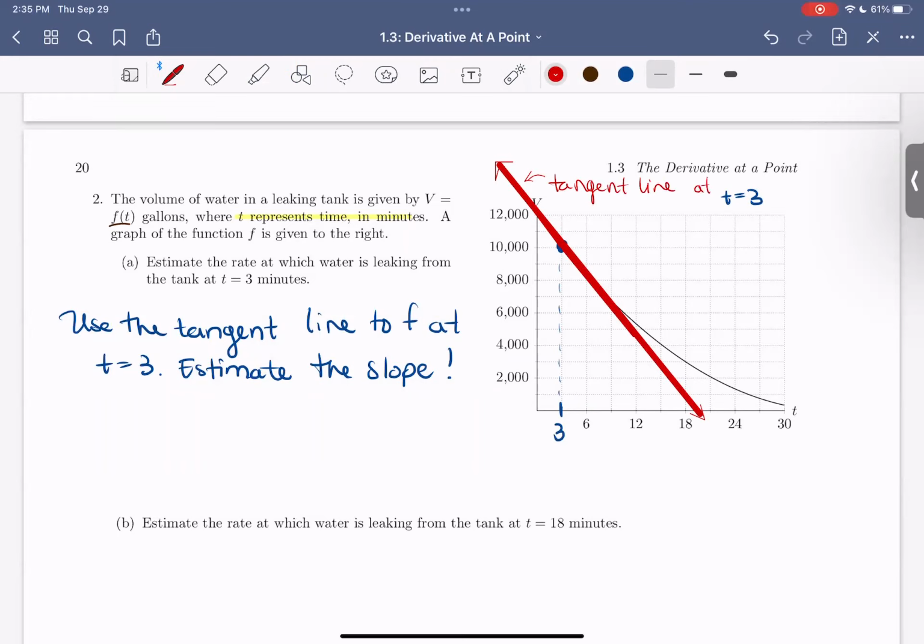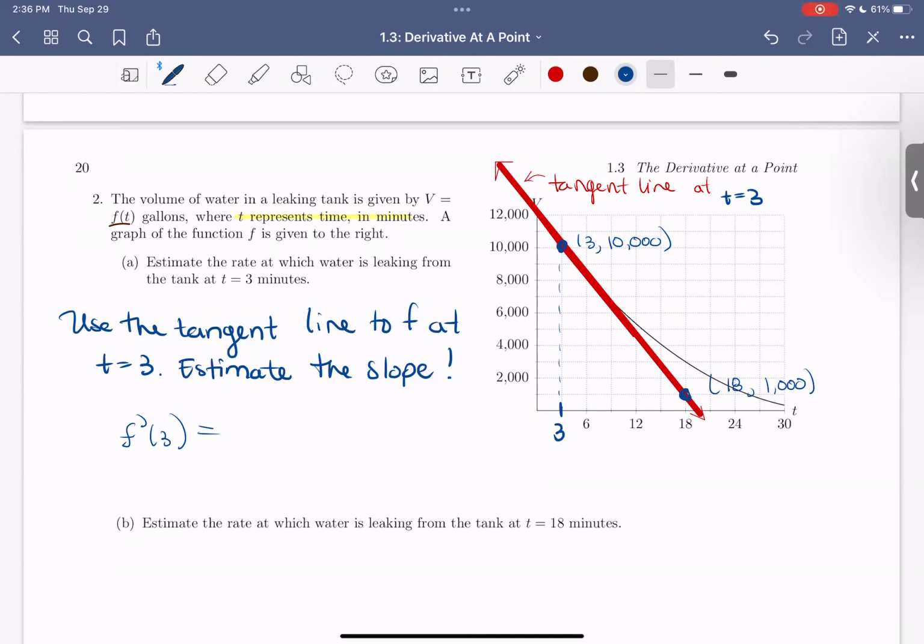To estimate, I'm going to pick 2 points on my tangent line. I'm going to pick our original point, 3, looks like 10,000. And then I'm going to pick another point here, maybe let's say 18 and 1,000. So then I'm going to estimate the derivative, or the slope of my tangent line, as approximately the slope of the line I've drawn here.